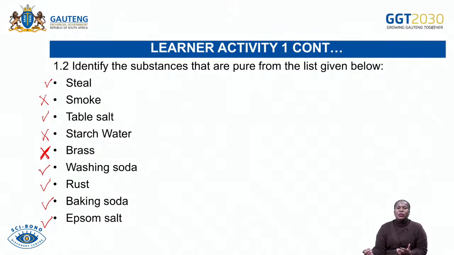If you take your table salt and compare it with your smoke, your smoke is diluted with so many other gases, in as much as we breathe in some other gases that we shouldn't even be taking in. But with table salt, there's a specific ratio of sodium to chlorine that is chemically bonded to each other. Even though it is a compound, it's still regarded as a pure substance.